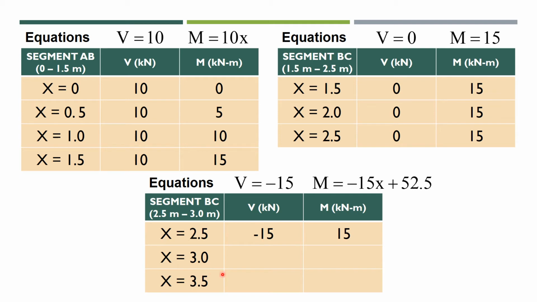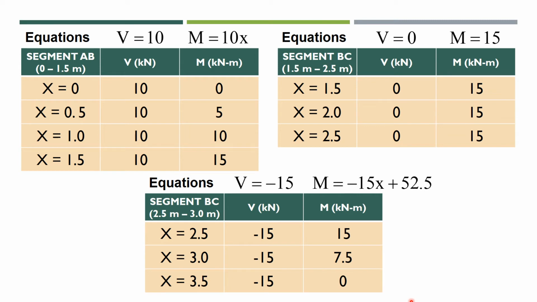Then for x equals 3.0, the shear remains the same. But when you substitute 3.0 here, the moment is 7.5. Then for x equals 3.5, walang variable na x. So the same shear, then substitute 3.5 here. So you will have 0.